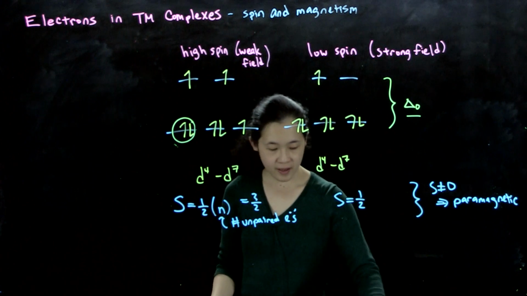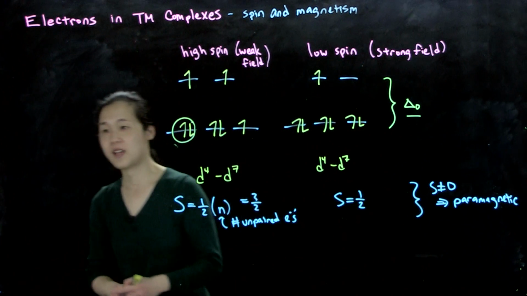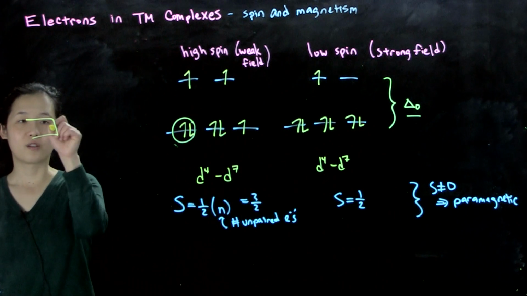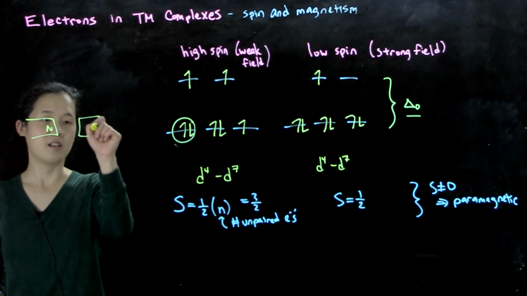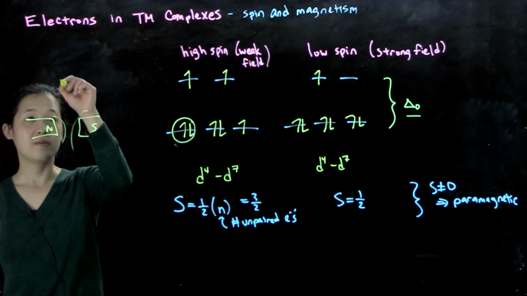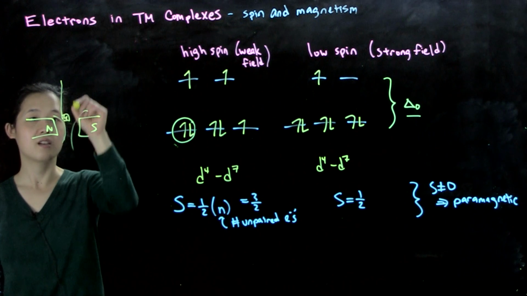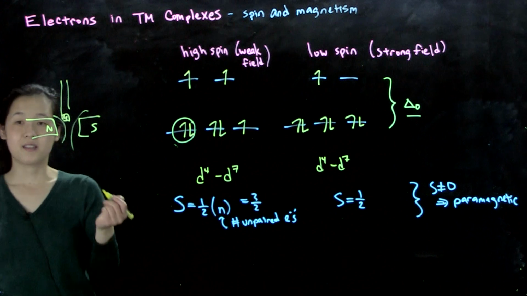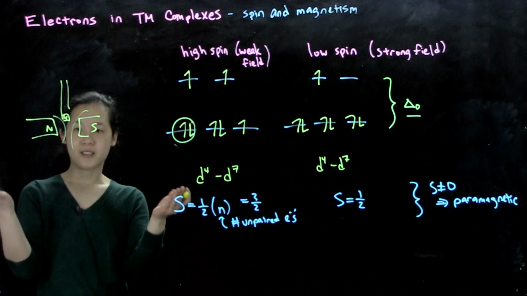If you think about a magnet, let me draw a magnet. So here's my magnet, and then we have some sort of magnetic field, right? And I'll put my sample here. These are things called a Gouy balance, G-O-U-Y.